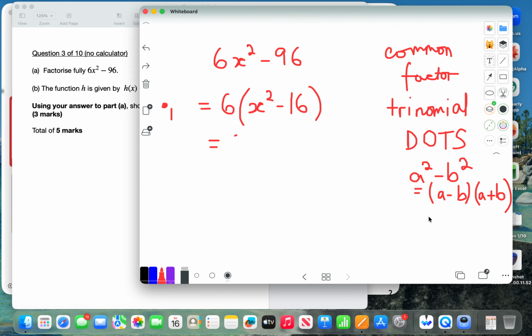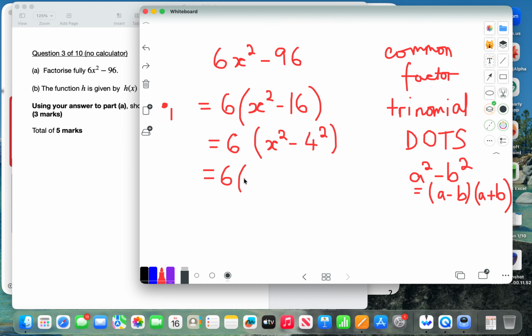Well, if we compare x squared minus 16, we get x squared minus 4 squared. And we can make a x and b 4 and substitute in.